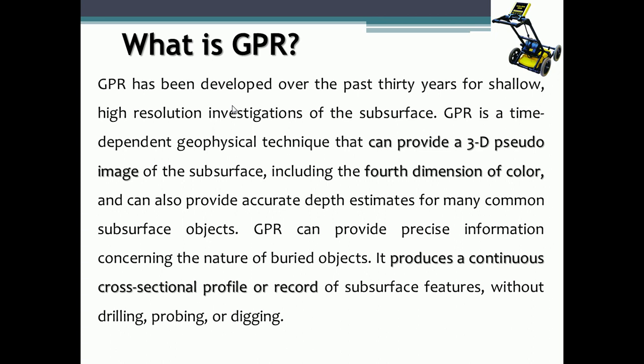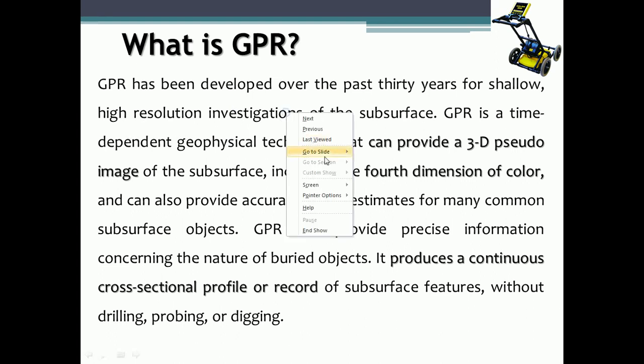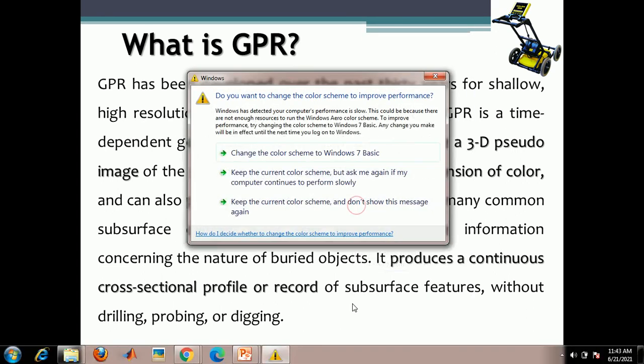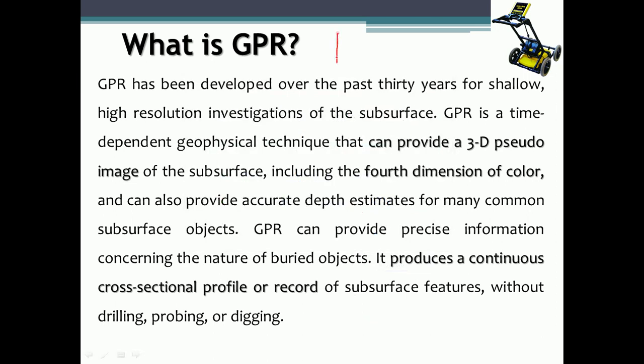So what does GPR actually give us? It can provide us a 3D image of the subsurface, so we know the condition of the different layers. Is there any undulation or any settlement in the different layers?